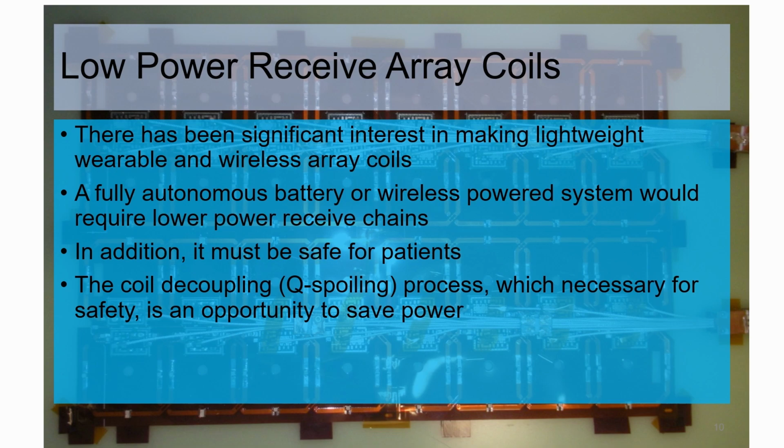And here we get to the topic of the project, which is we found that the coil decoupling process, also known as Q-spoiling, and also a process that's necessary for safety, is a huge opportunity for us to save power. And so in this talk, I'm going to explain to you what we did in order to improve power savings in the Q-spoiling process for MRI that would eventually be useful for wireless receive array coils.